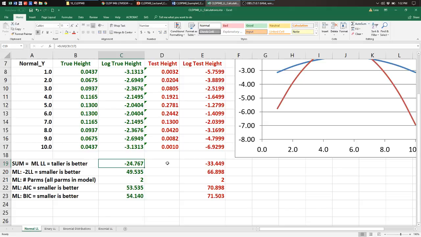So you'll notice that you can't look at the height, this minus 24, and have that mean anything. These numbers have no absolute meaning. They only have relative meaning. So if we look at what the answer is over here in red, if I put in the wrong mean and the wrong variance, this number is smaller.